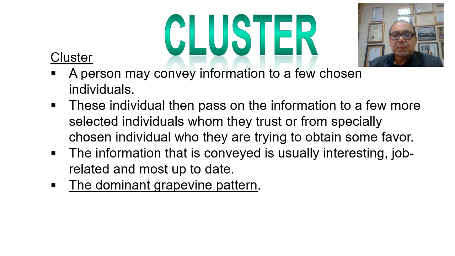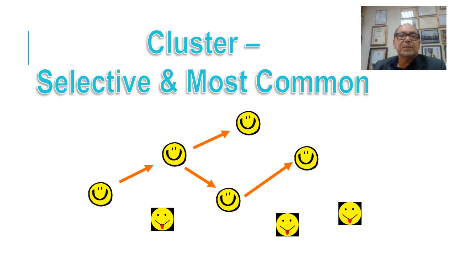After that, we see in the chart here the cluster, selective and most common. It's all haywire. It doesn't go to the right person. Like shooting an arrow, it doesn't go to the point there, it goes outside the mark.